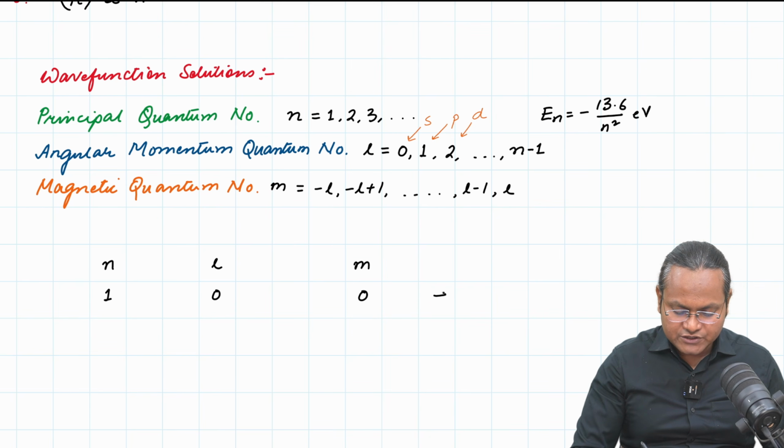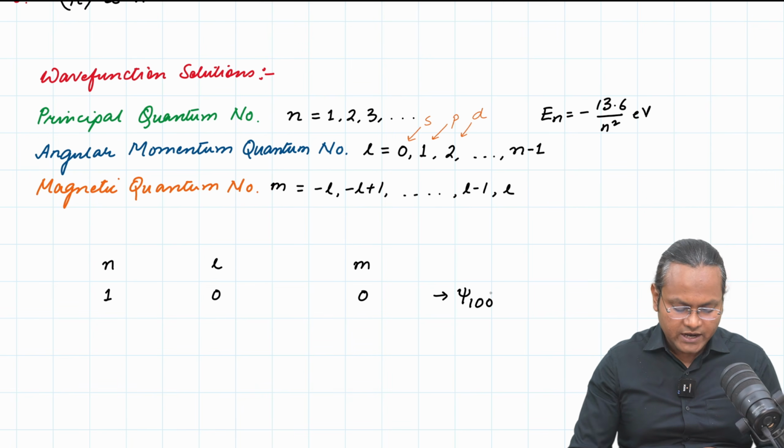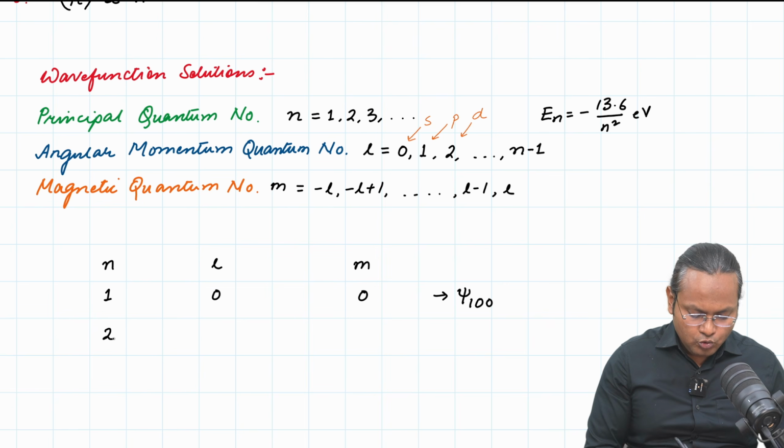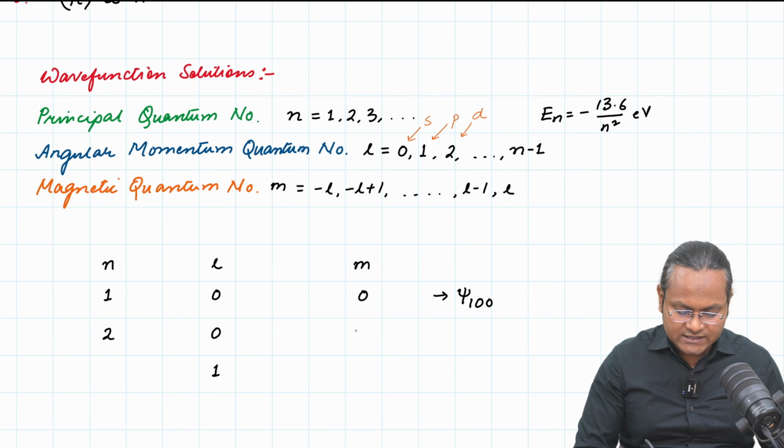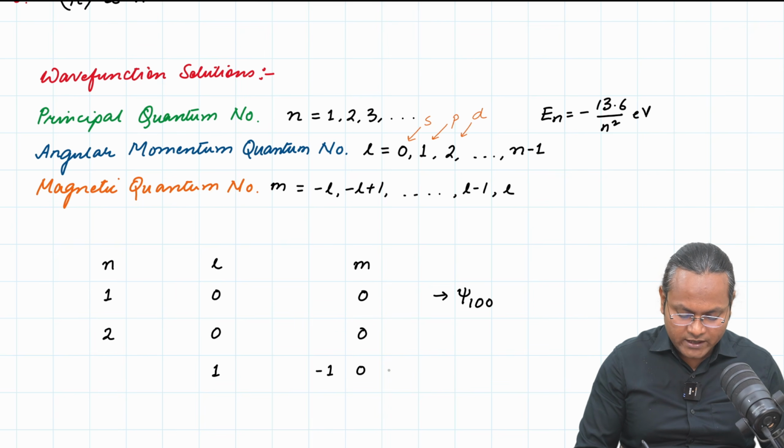Therefore, the wave function corresponding to this will be psi 1, 0, 0. But if n is equal to 2, you can have L value 0 as well as 1. If L is 0, M is 0. And if L is 1, M is minus 1, 0, and plus 1.